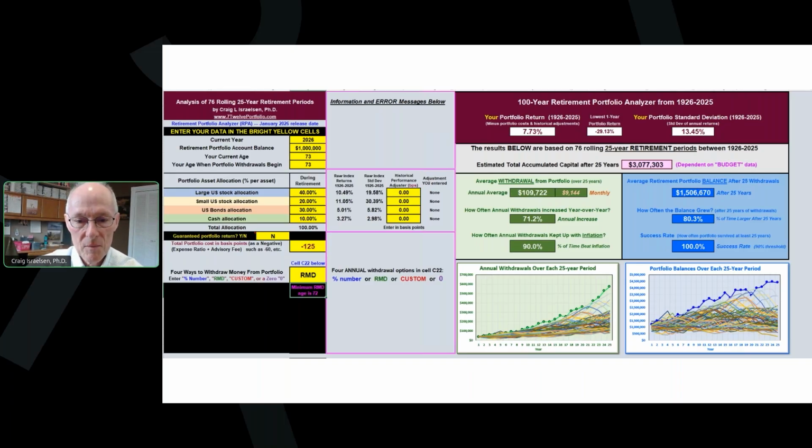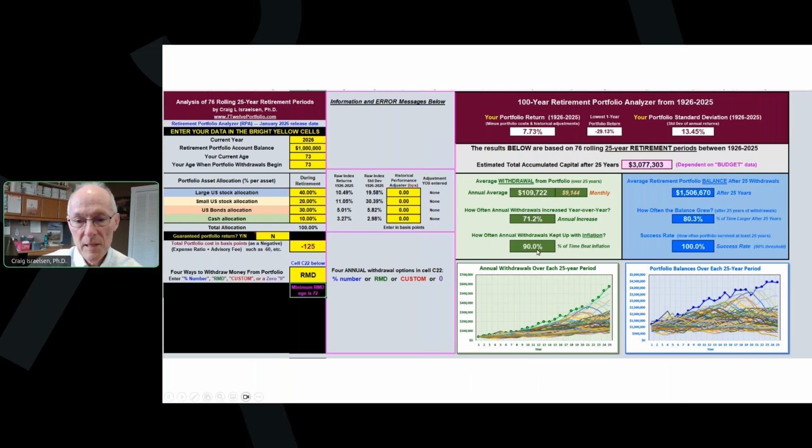That's not the case, because you have ups and downs in a portfolio like this. It doesn't always have a positive return. It has a positive return about 75% of the time, which is pretty amazing.